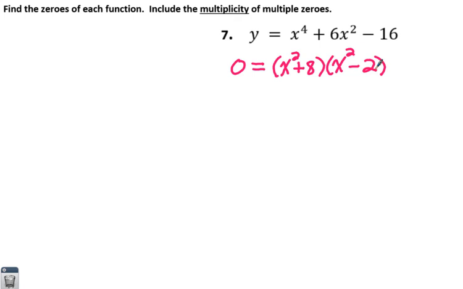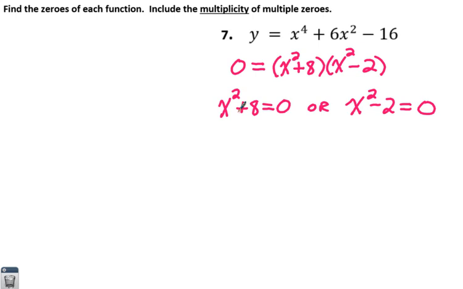Alright. And so after we factor, as always, we set all the factors equal to 0. And then we solve. Well, how do we solve this?